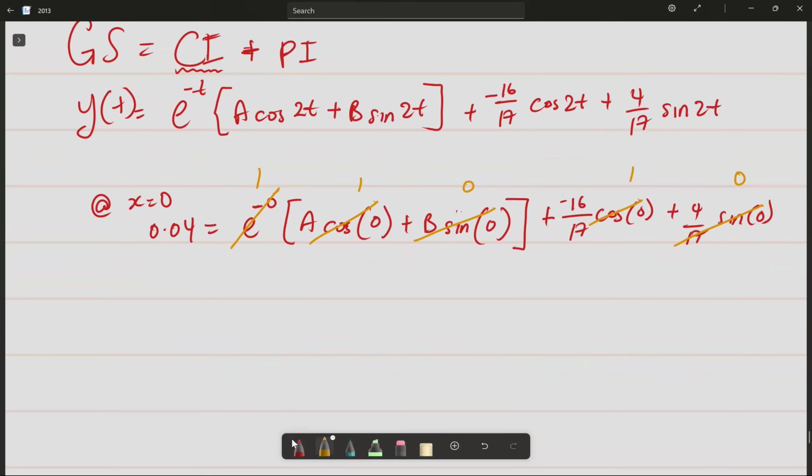So now we have 0.04 is equal to a minus 16 over 17. So that means a is going to be equal to 0.04 plus 16 over 17.